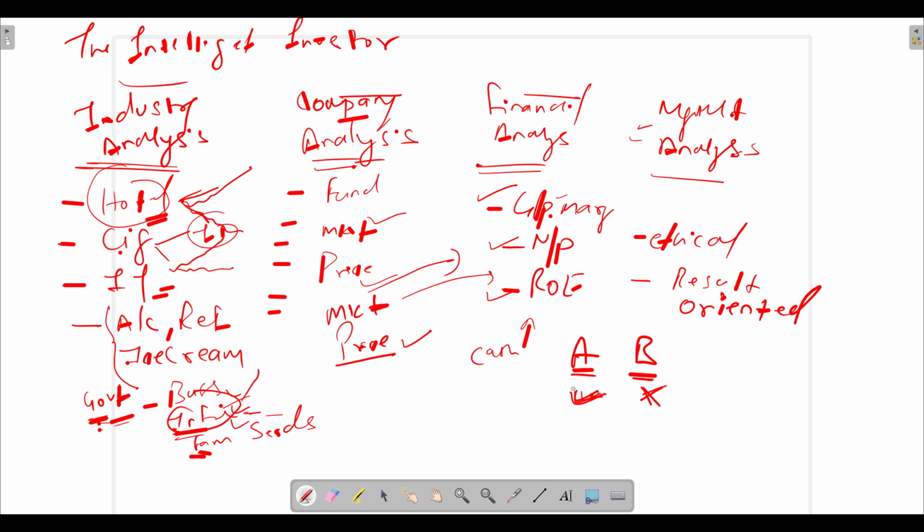But the management of company A is result oriented and the management of company B is not. So ultimately it is going to affect their gross profit, net profit, and ROE, and the ultimate impact will be that the share price of the company will fall. Okay, so these are interlinked with each other.